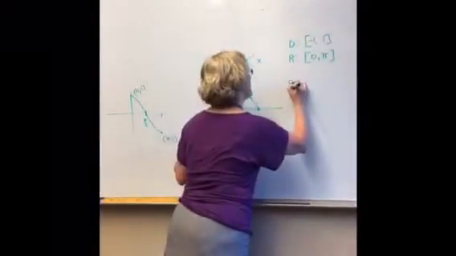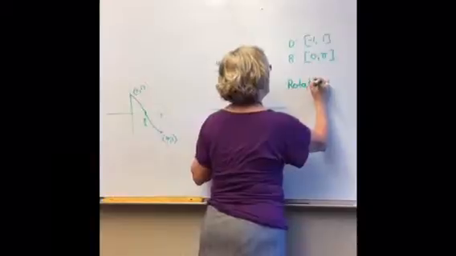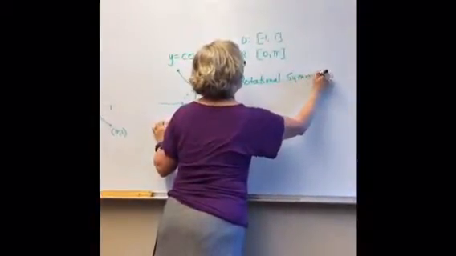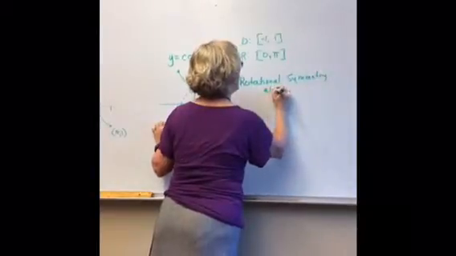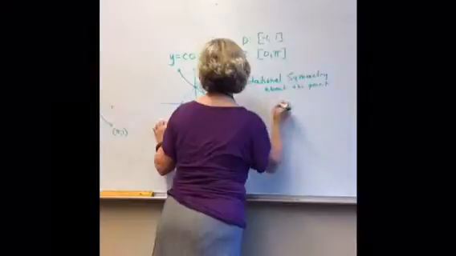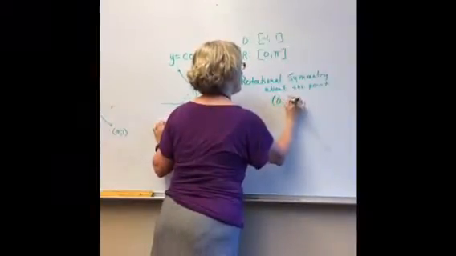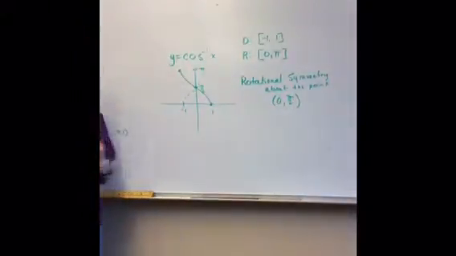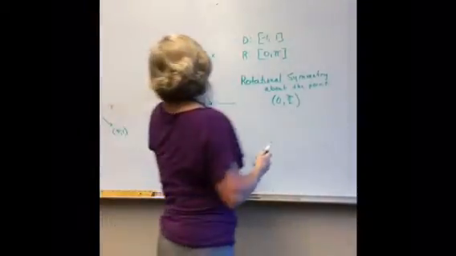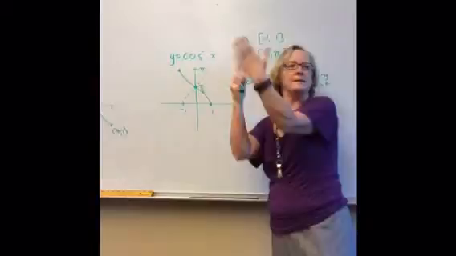So there's rotational symmetry about the point 0, pi over 2. Okay, because we can take that and turn it, and it ends up on itself.